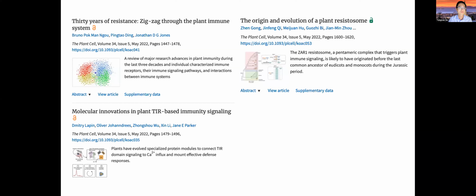One is from Jeff's group, talking about 30 years of advances from the original zigzag model to our current understanding of the plant immune system, and also from Jane Parker's and Xin Li's labs about how TIR receptors signal in immunity, and also a large-scale biology paper about the origin and evolution of the plant resistosome.